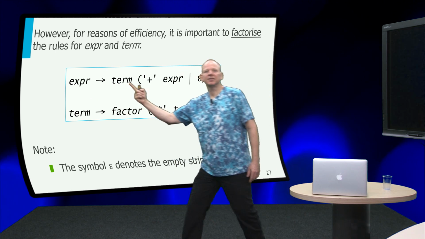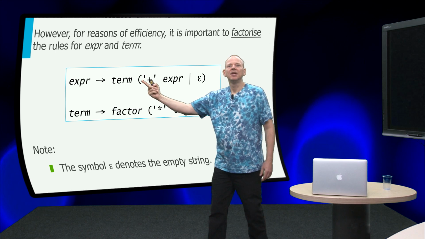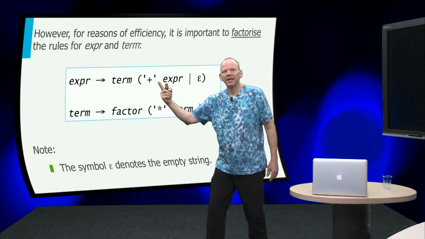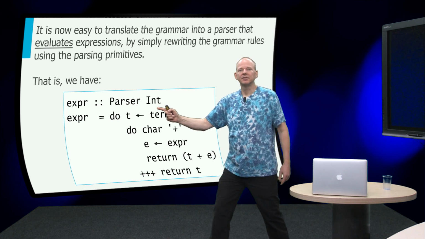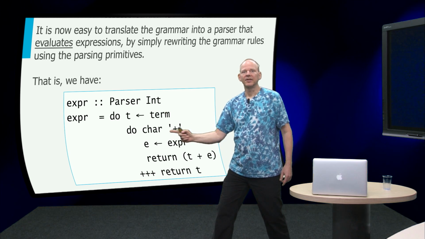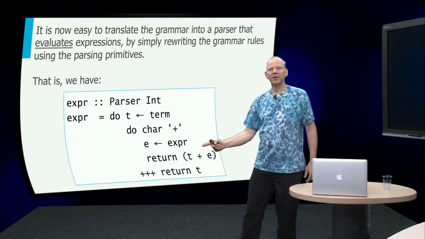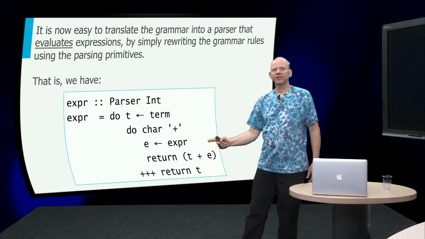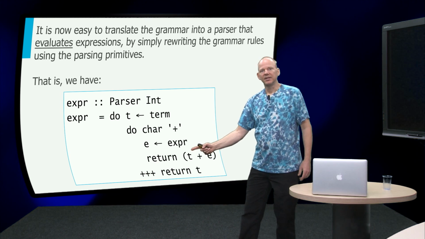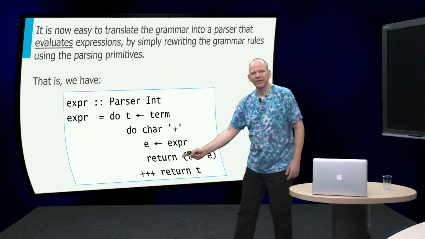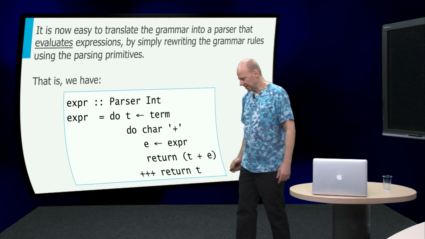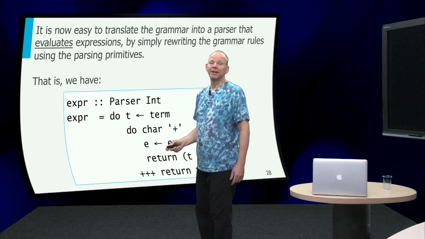Okay? So if we take this, we can now immediately translate this definition, which is recursive. You see, an expression is defined in terms of an expression, but there's first a term, and then it recognizes the plus. So you see here, expression recognizes a term, then a plus, and then an expression, and then it returns the term plus the expression, and then this one is the empty case.